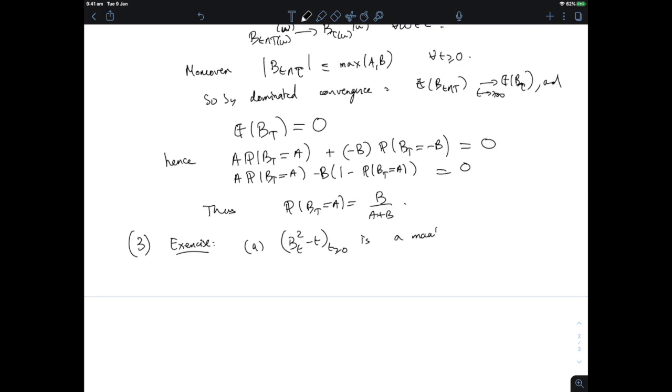Just like we did in the discrete time setting, squaring our random walk was not giving us a martingale, but subtracting the variance led to a martingale. You can do the exact same thing here in continuous time. Again, you're going to use the fact that the increments Bt minus Bs for t greater than s are independent of the entire Fs in the filtration.